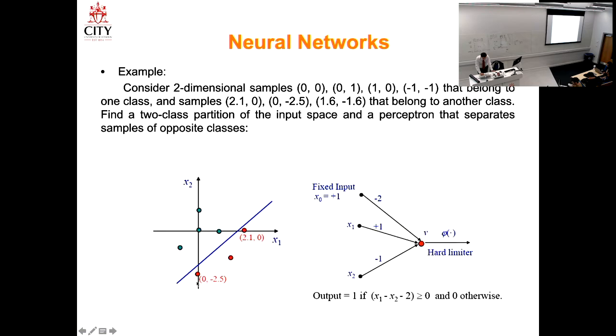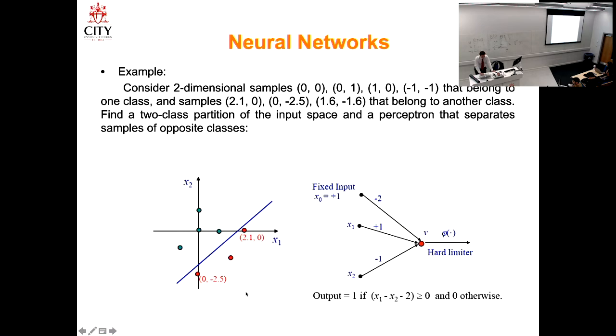Now let's try this one, 0 and minus 2.5. 0 minus minus 2.5 is 2.5, minus 2 is 0.5, so it's greater than 0, so it is class 1. It's very simple. You have a line, you put these values, so 2.1 and 0: 2.1 minus 0 minus 2 is 0.1, greater than 0, so it's class 1. So it is correctly classifying all my data. So this line is what we are after.